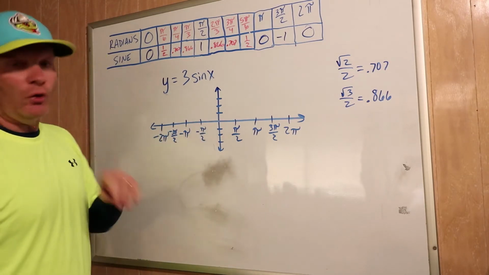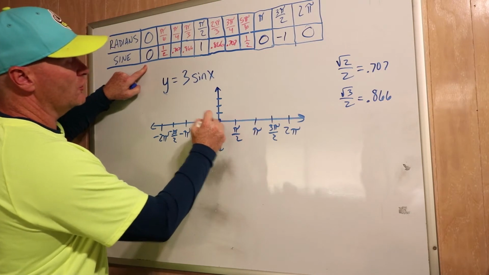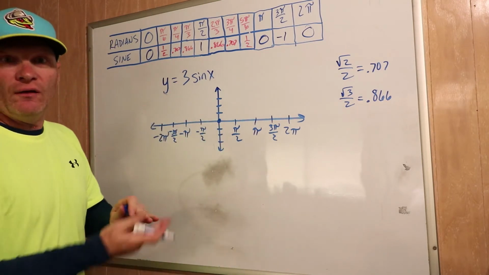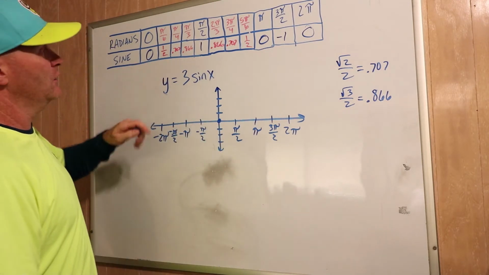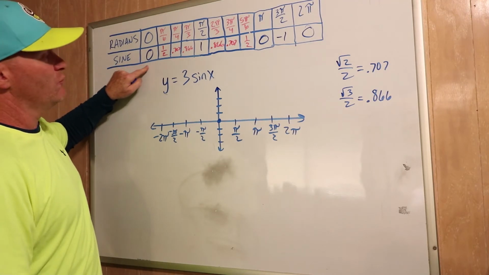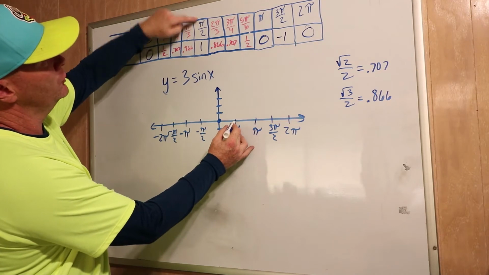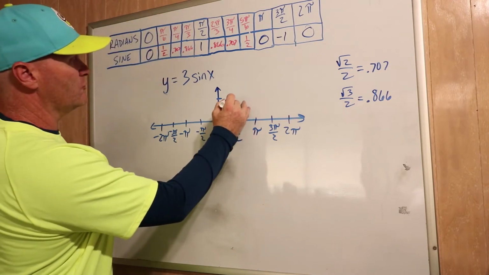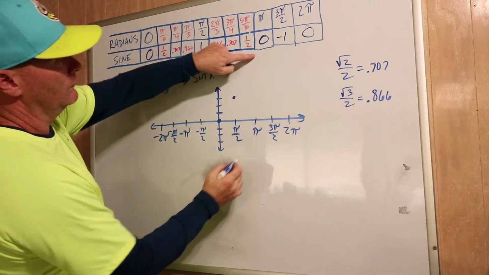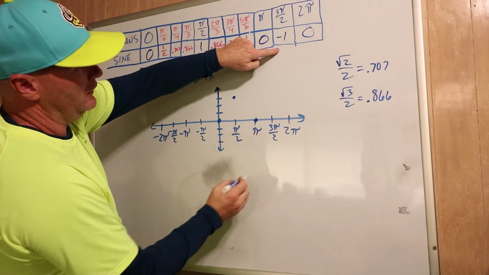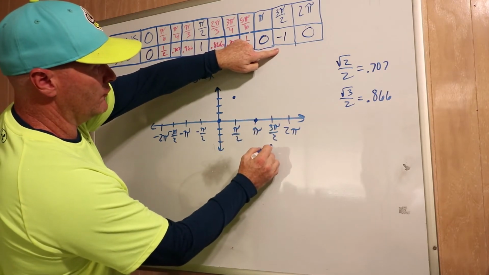Okay, so our normal graph starts at 0, 0. Since we have a vertical stretch of 3, all that does is multiply all the y values by 3. 3 times 0 is still 0. If we go over to pi over 2, 1 times 3 is 3. Back to 0. -1 times 3 is -3.